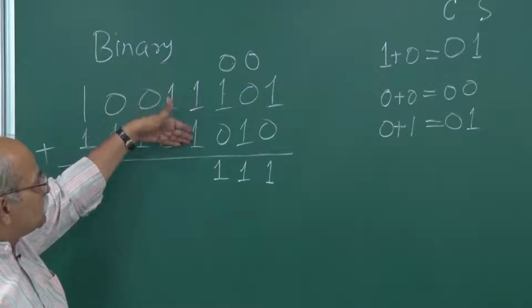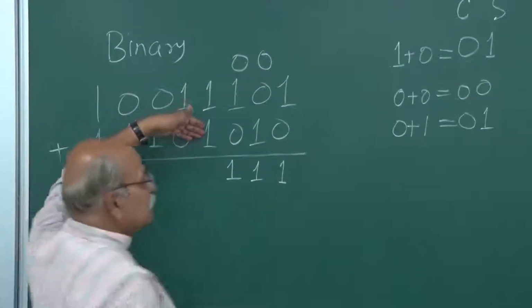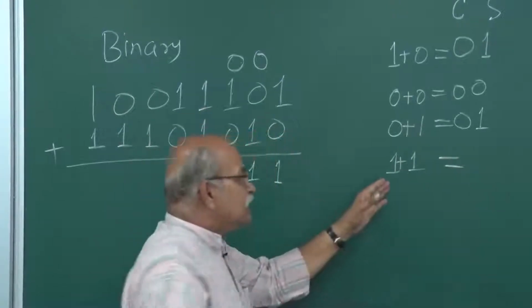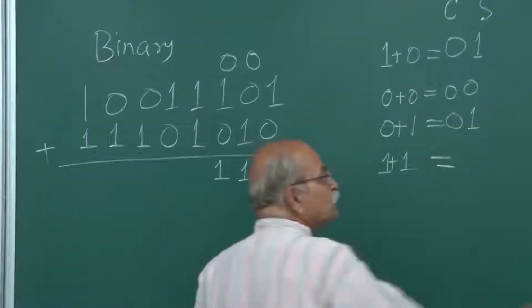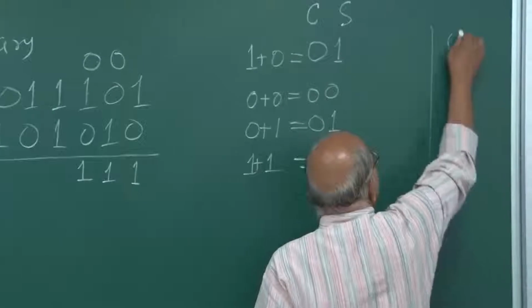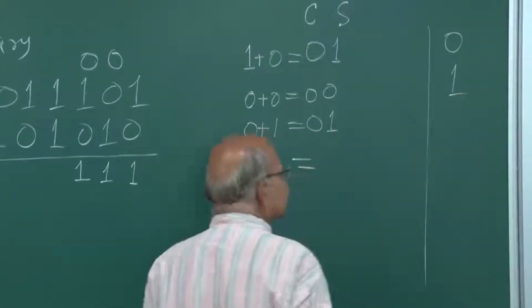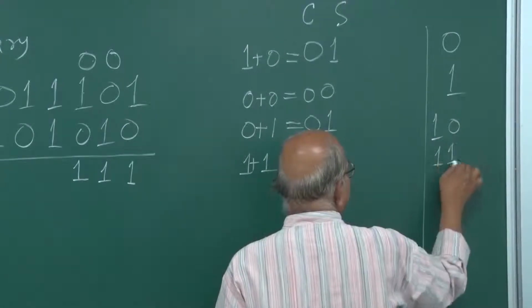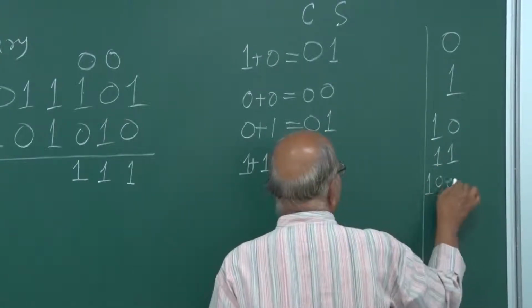Then comes 1 plus 1. Now what is 1 plus 1? The number next to 1 in our counting: we have one digit numbers, exhausted, then two digit numbers, exhausted, then three digit numbers, and so on.